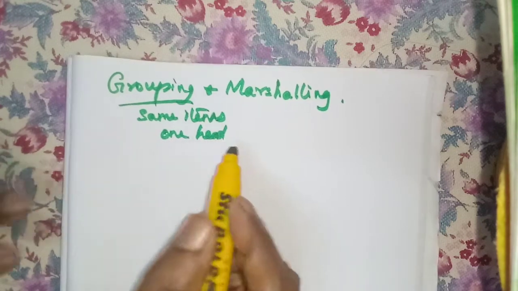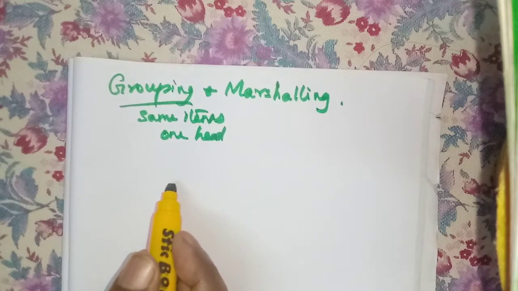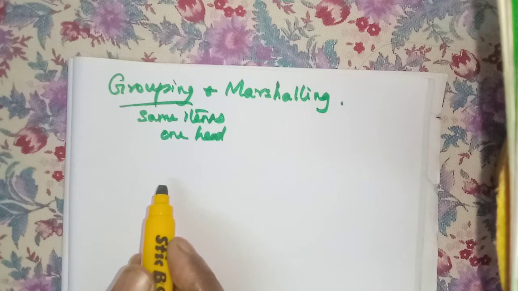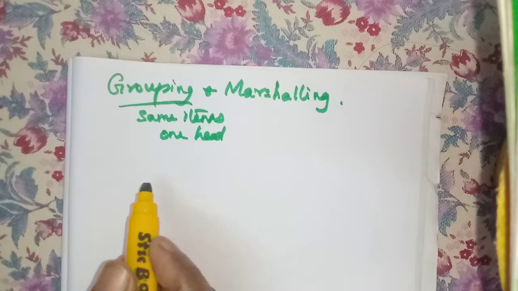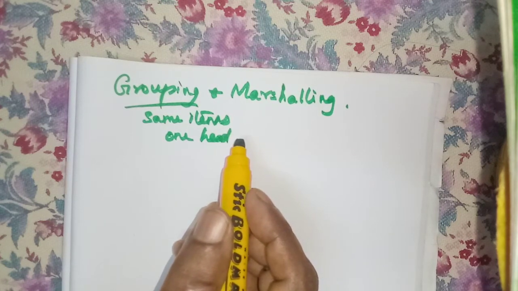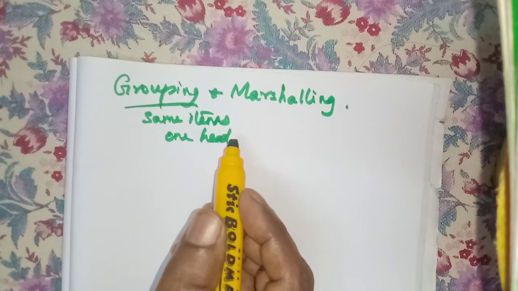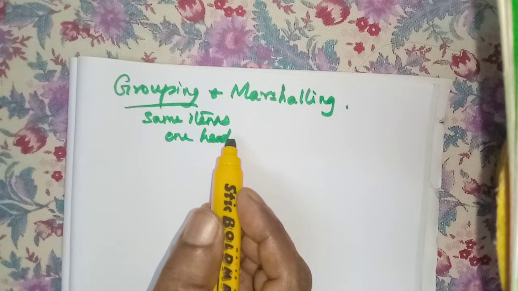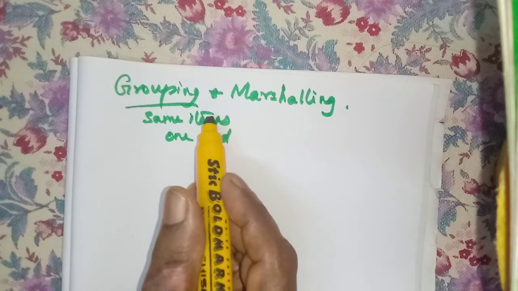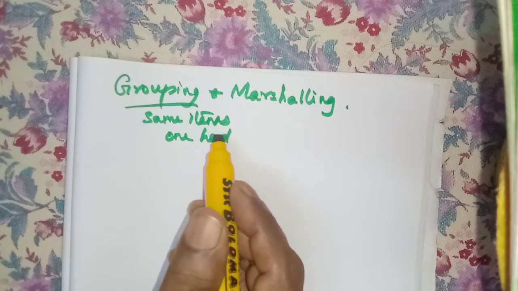For example, current assets: we will write almost all the current assets there, for example cash in hand, cash at bank, sundry debtors, closing stock, investments, all grouped under one heading. Then the other one, we will write all the fixed assets on the asset side. Then long-term liabilities, current liabilities. That is called grouping of items in the balance sheet.